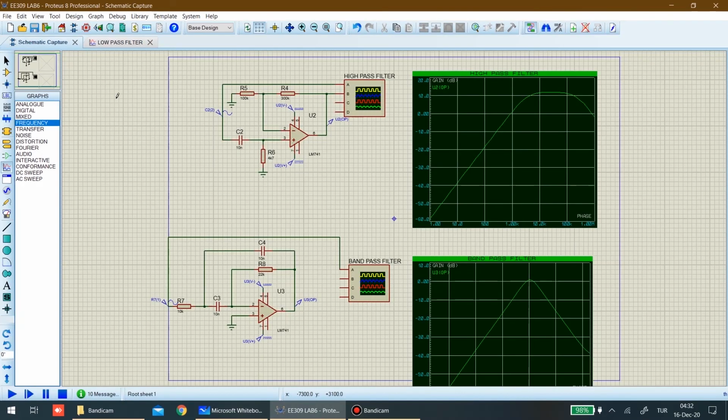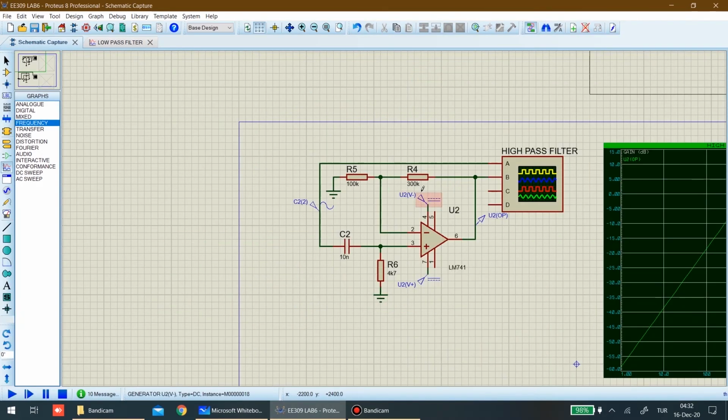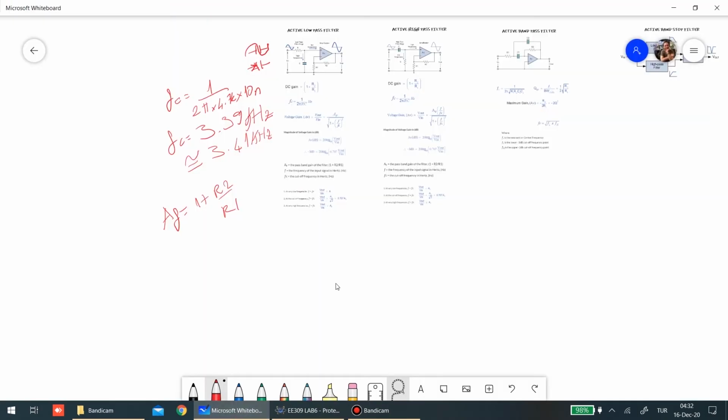R2 and R1 correspond to R4 and R5 in the circuit constructed in Proteus, which corresponds to 300K over 100K. AF is equal to 1 plus 300K over 100K. AF is equal to 4.